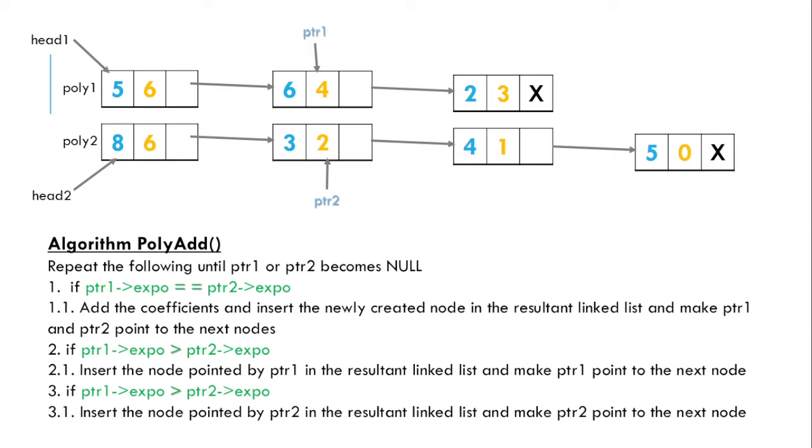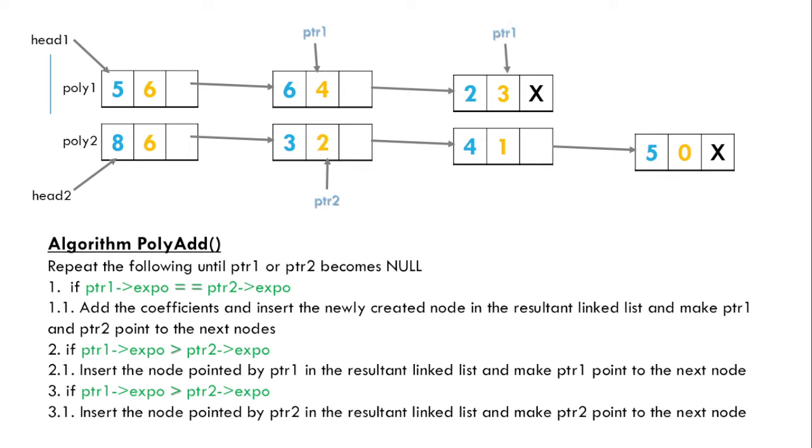One has exponent 4, the other has exponent 2. These are not like terms. Then we will write the term with the highest exponent to the resultant. So we will write 6x raised to 4 to the resultant and shift ptr1 to the next node, while we will not change ptr2. It will stand there itself because we haven't yet processed that node.